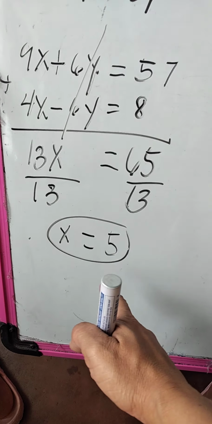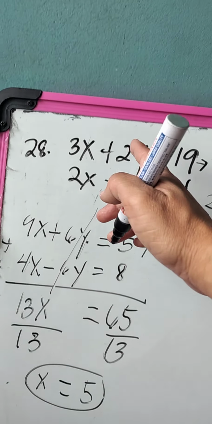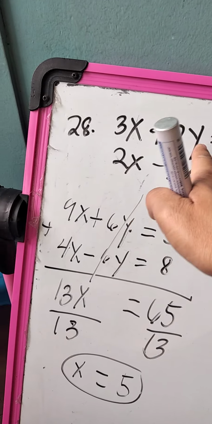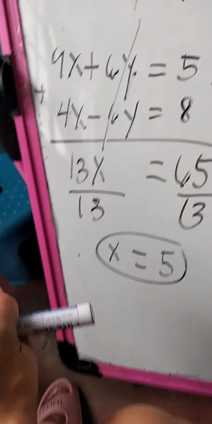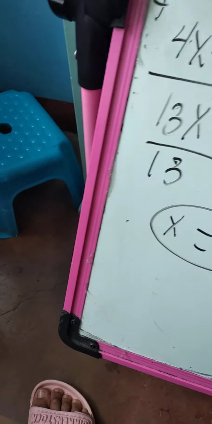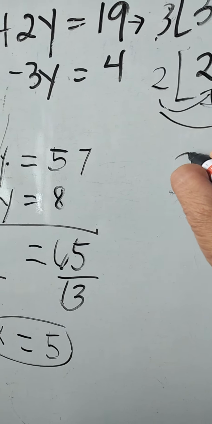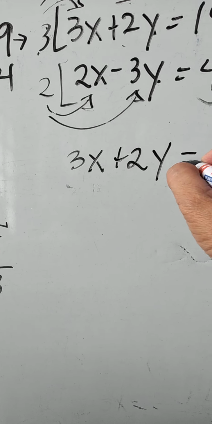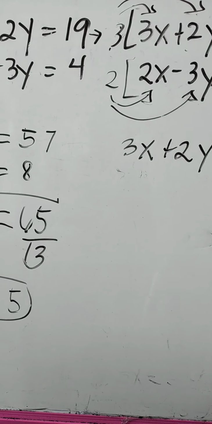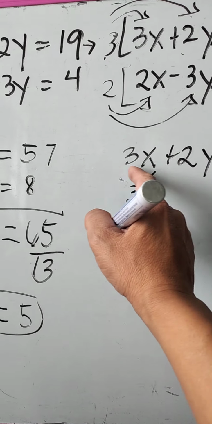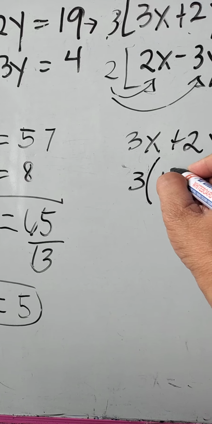I will use this to solve for y. I can go back to the original equation. You choose the first or the second, it's all up to you. I will work with the first equation. I will copy first. 3x plus 2y equals 19. Now I will substitute: instead of writing x, I will write 5.